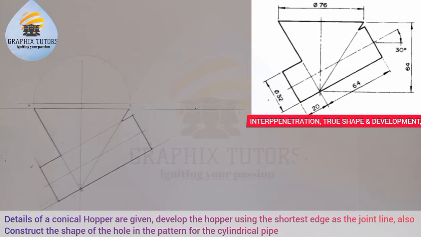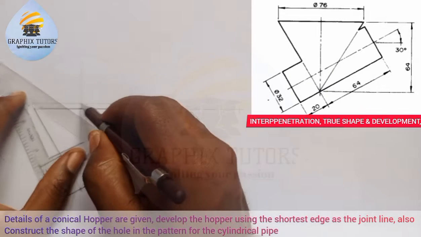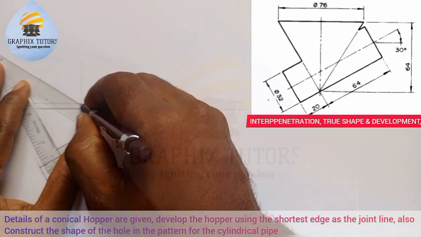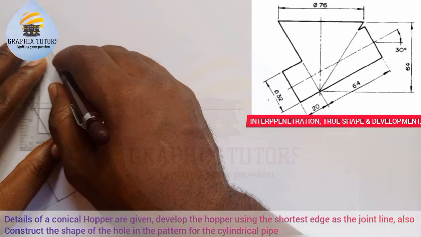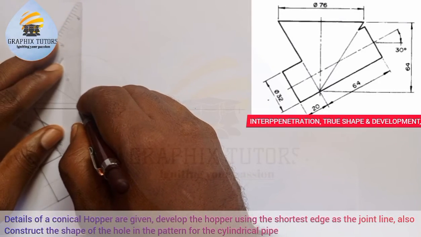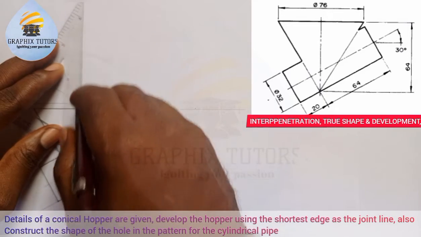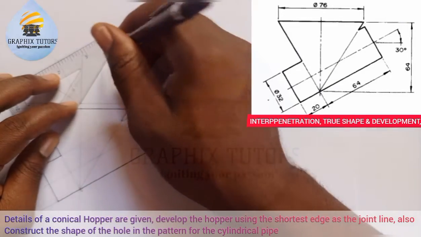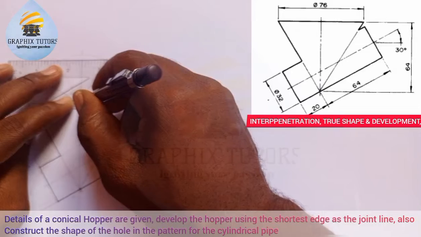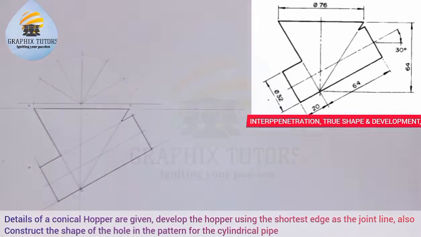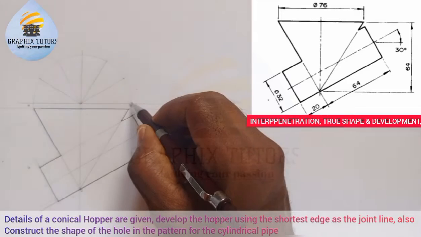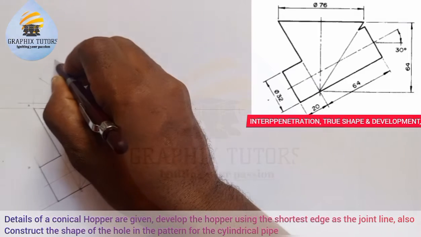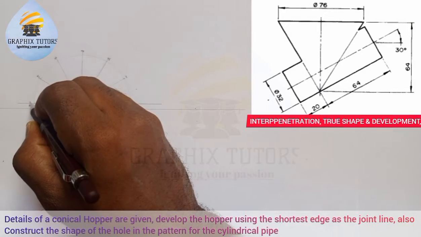Then, with the help of my meter rule, I'll join those points towards each of those points here. You can see that. So I can call them 0, 1, 2, 3, 4, 5, and 6.